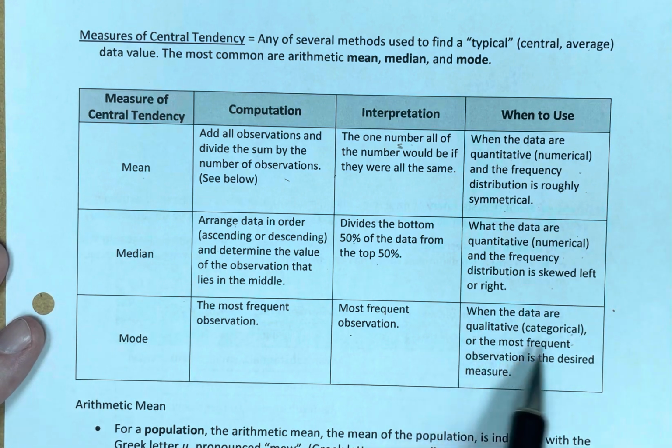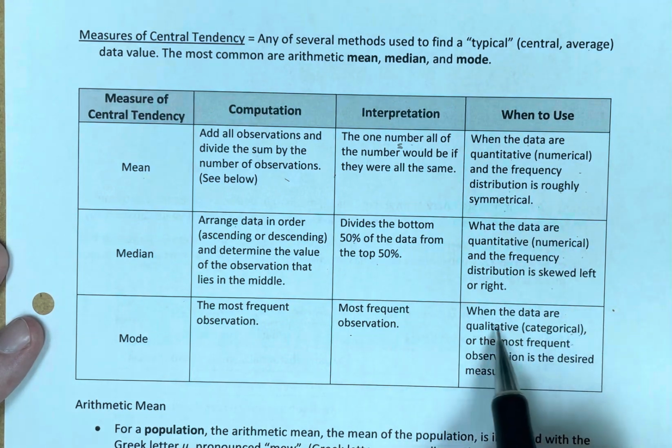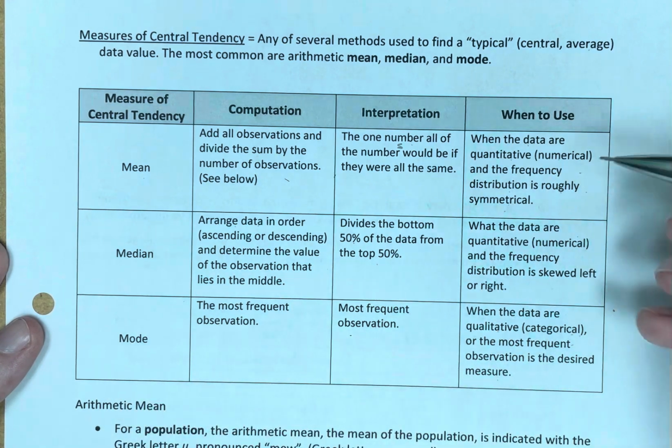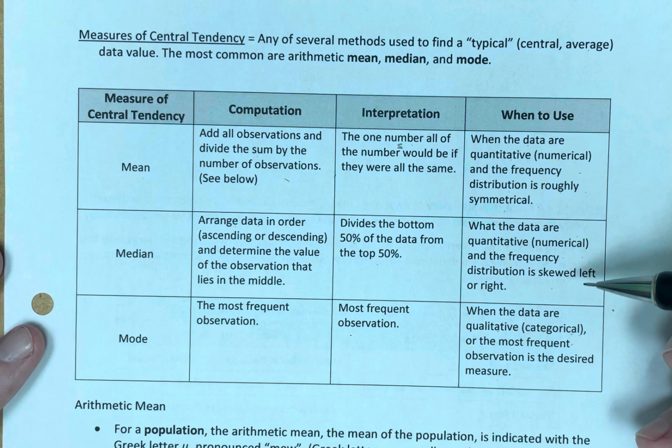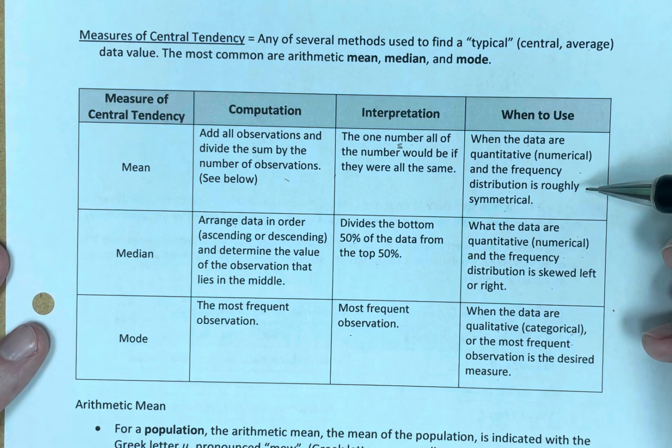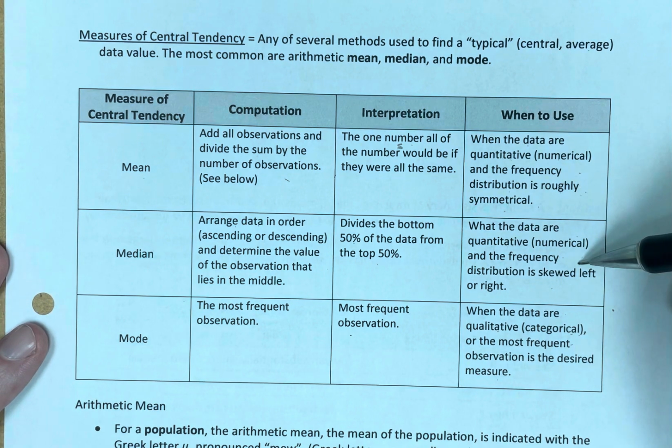The mode is much more used with qualitative data. Mean and median are primarily where we go when we're talking about numerical data.